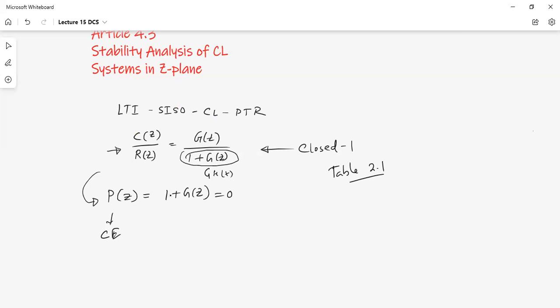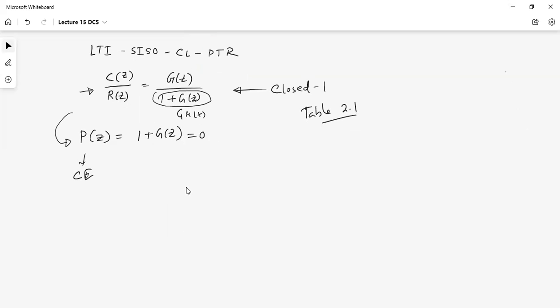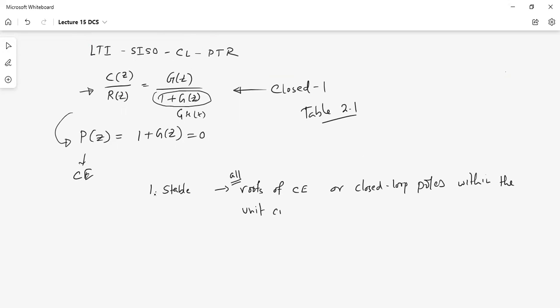Now, what is a stable system? From the characteristic equation, the condition for stability is that all roots of the characteristic equation, or the closed loop poles, should be within the unit circle.